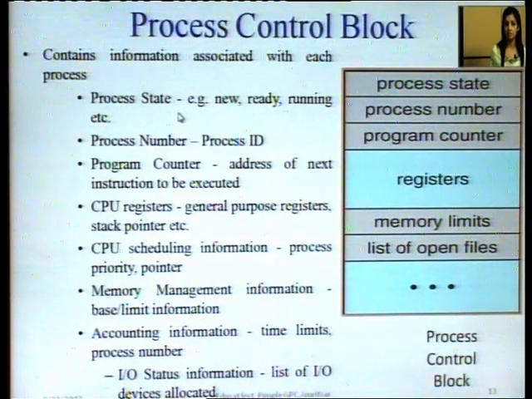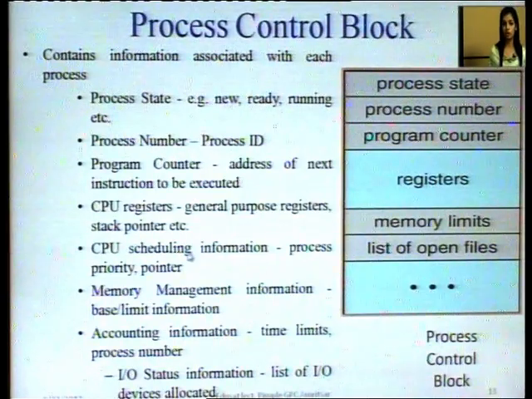It stores process state, process number, program counter, CPU registers, scheduling information, which process is prior or not, memory management information, various input output device information, and list of open files. So all that information is going to be stored in the process control block.